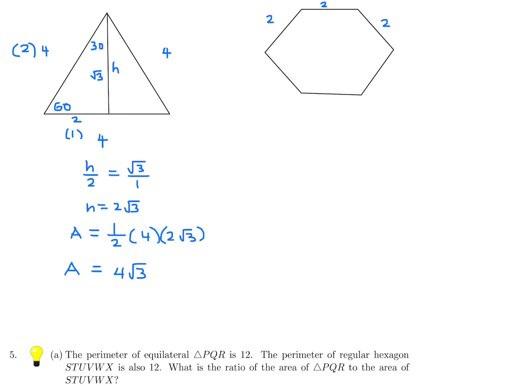Now let's turn our attention to the hexagon, regular hexagon, and we'll chop that into some parts here, like that. And I think that should be sufficient to figure out the area. Okay, so now we have to figure out the dimensions here. And again, this is going to be a right angle, and the internal angles are 120.